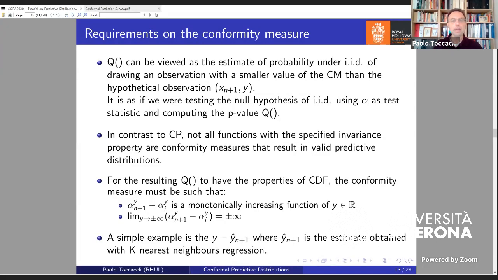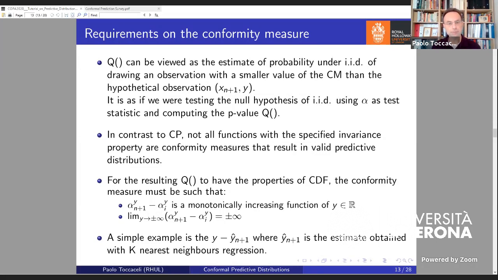Now, let me say something about the additional requirement on the function A. The function capital A that I mentioned before must be such that the alphas have these properties. The difference between the alpha of y and n+1 minus alpha of y and i is a monotonically increasing function of y for all values in R, the real axis.